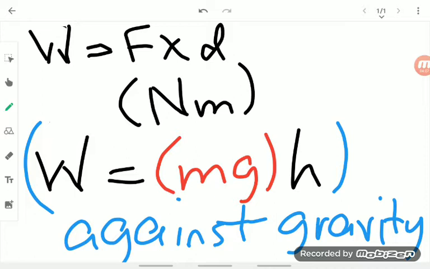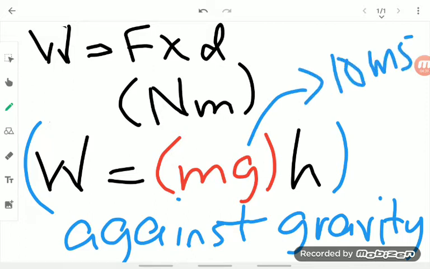So work is equal to force times distance. The force that you apply multiplied by the distance that the object moves by. If it's work against gravity, meaning lifting an object vertically up in the air, then the force is the weight of the body, which is mass times g, which you know is approximately 10 meters per second squared, or 10 newtons per kilogram.